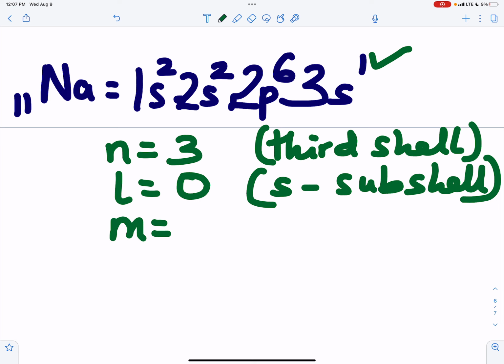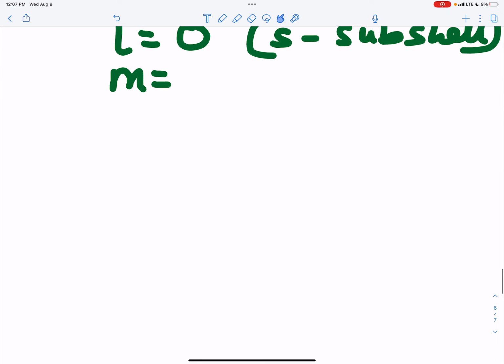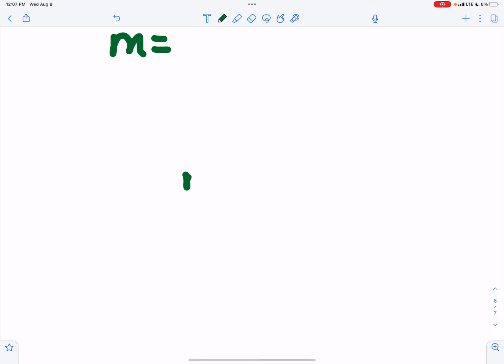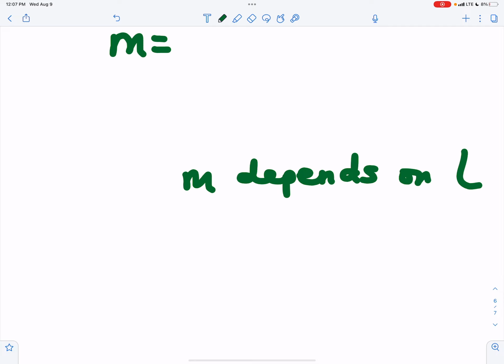What's its value for the magnetic quantum number? We said before that magnetic quantum numbers depend on subsidiary quantum numbers. Let me explain that again. M depends on L. The value of M for any electron depends on its value for L.